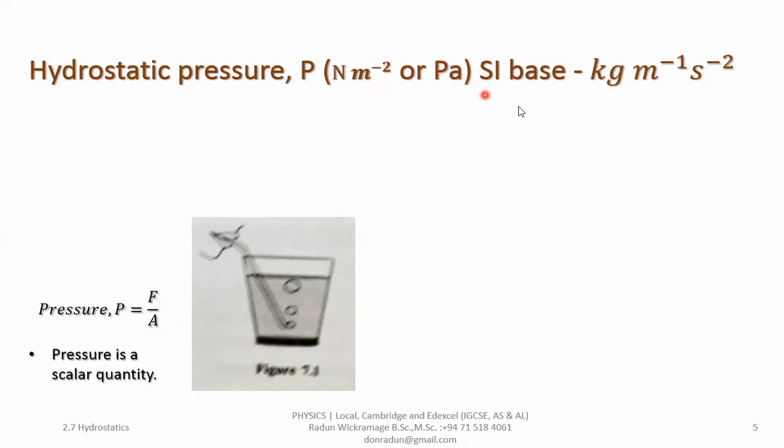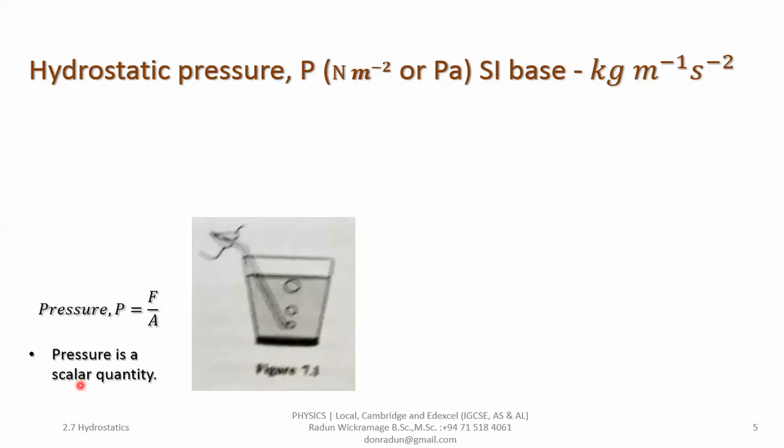If you consider the SI base units, you have to take the SI base units of newton, and once you have simplified that, you will end up with kilograms per meter per second squared. This is the base unit equivalent of hydrostatic pressure, pascal. Unit is pascal. Okay. And pressure is a scalar quantity, so pressure acts in each and every direction at the same time.